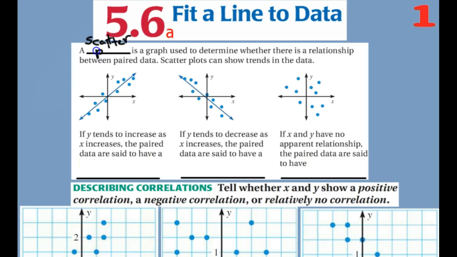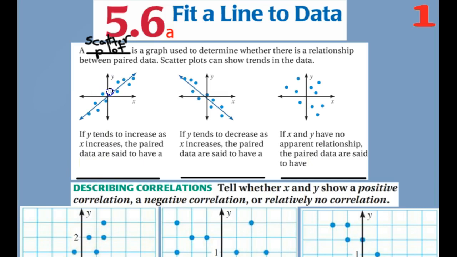So a scatter plot is a graph used to determine whether there's a relationship between paired data, and scatter plots can show trends in the data. So this one says, if y tends to increase as x increases, the paired data are said to have a blank. We don't know what goes in here yet.